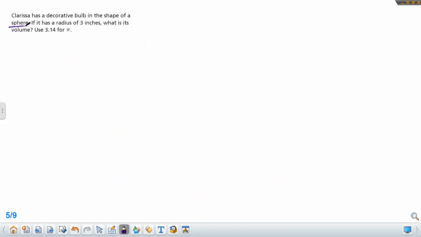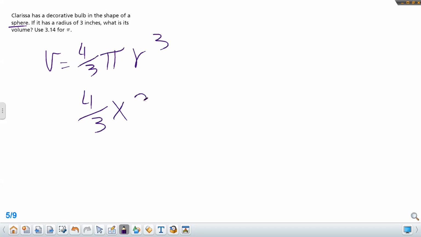Okay, so this problem is direct substitution. Why? Because you have a radius, you have pi, so you need to find the volume. Volume equals, yes, what's the rule? 4 over 3 pi r power 3. So the volume is 4 over 3 times pi, which is 3.14, times the radius power 3, which is 3 power 3.